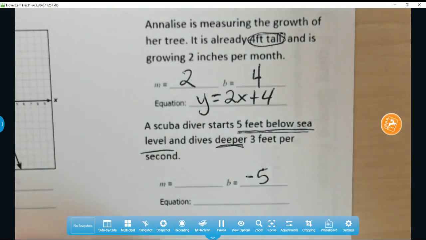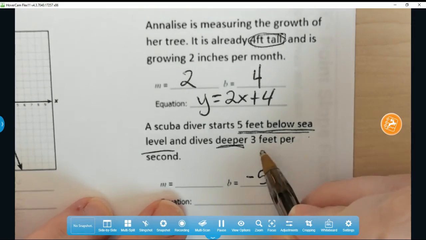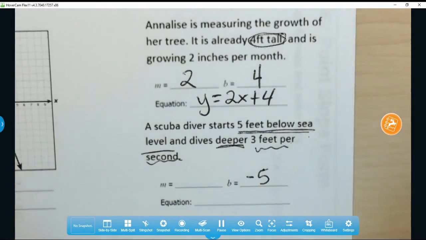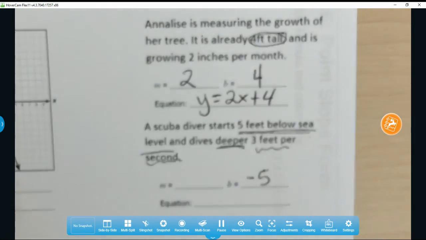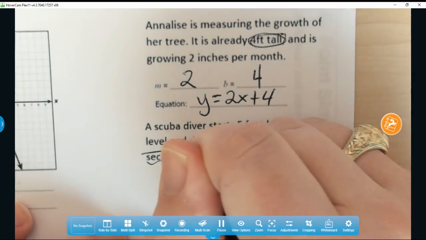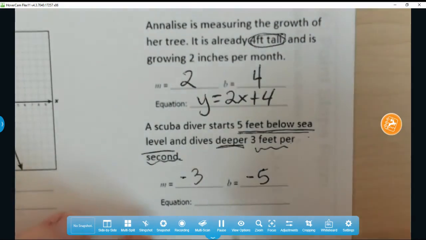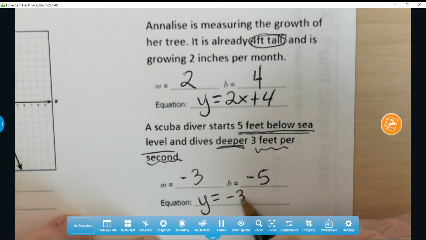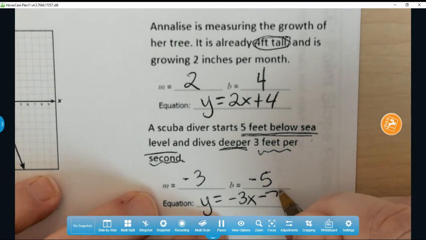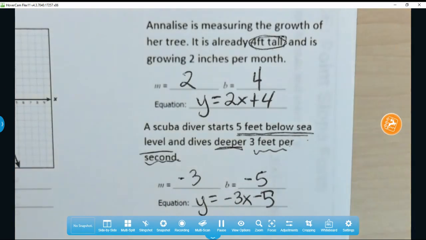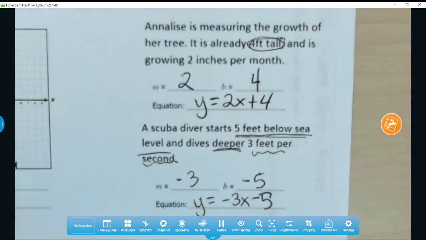So they're going down 3 feet per second. So that's going to be our rate of change there. Since they're diving deeper or getting further away from the surface, we know that too will be a negative. So that's going to give us y equals -3x minus 5. Y equals -3x minus 5.